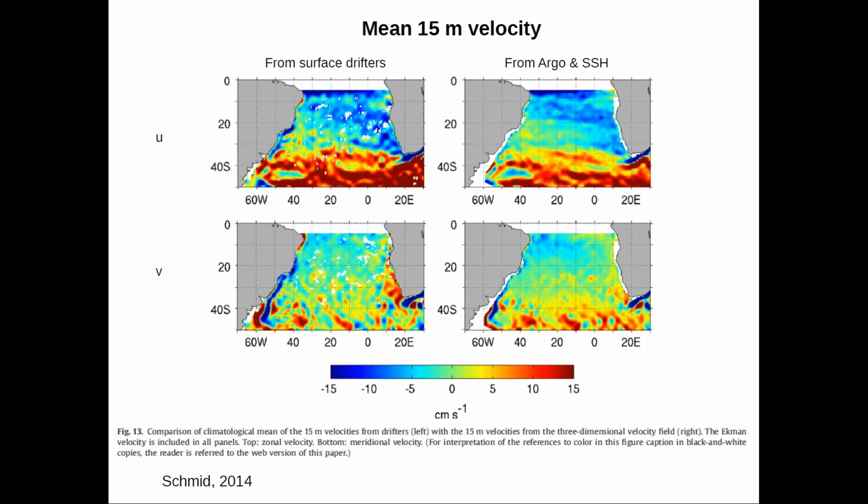So the South Atlantic current seems to be a little bit stronger. Agulhas current is pretty good. The Malvinas current seems to be a little bit stronger, which partly at least is an impression because it can show the on-the-shelf component that Argo cannot show. So I'm quite happy with this comparison. It's not quantitative, but qualitatively I'm very happy.